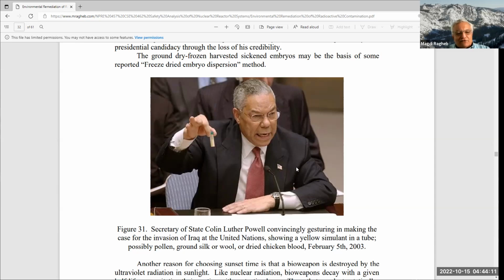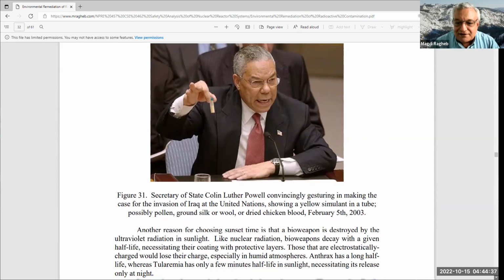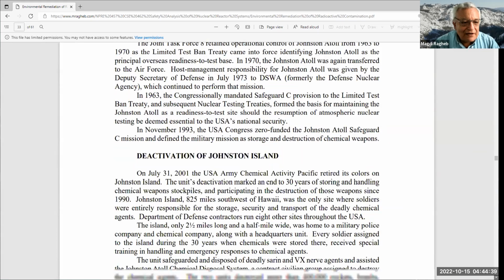And he's lying to the United Nations here in that picture, which made him lose his credibility, made him appear as a liar, not an honest person. And in that case, it may have cost him a run for becoming a president in the United States, because he was basically a person of integrity other than this nasty act.